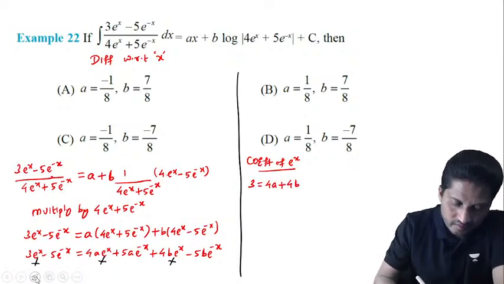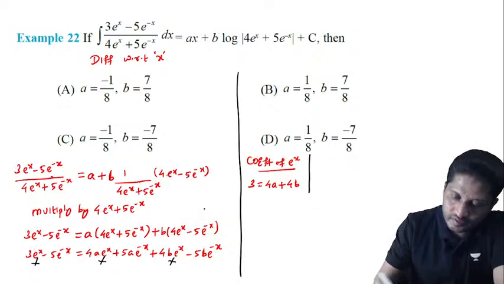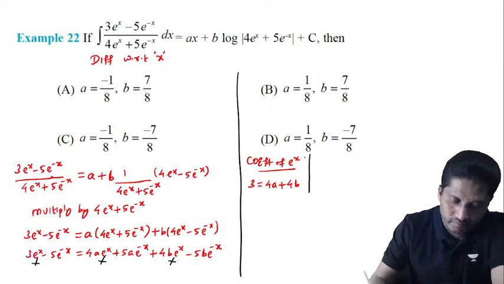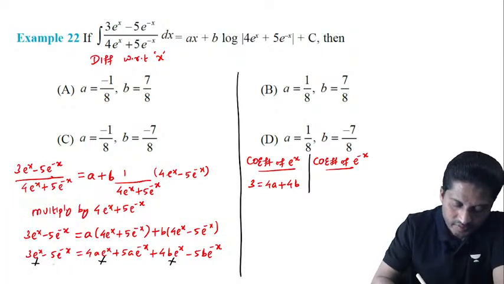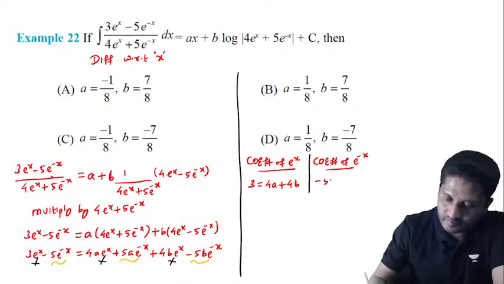And then the coefficient of e power minus x will be equal to minus 5 is equal to 5a minus 5b.